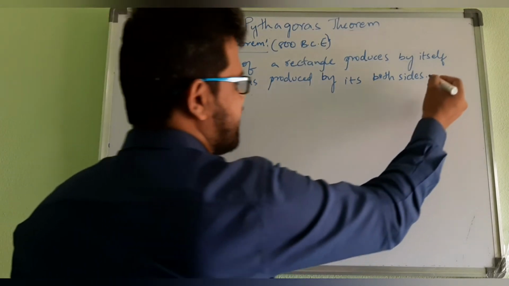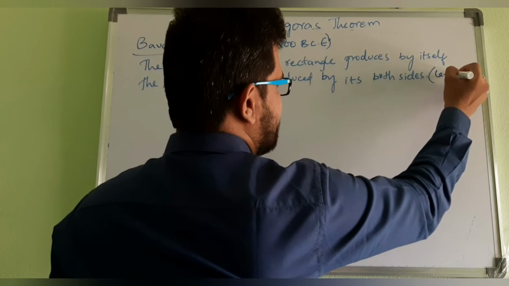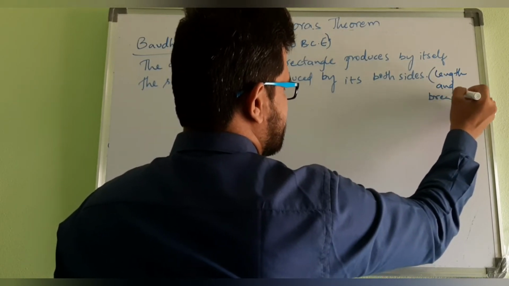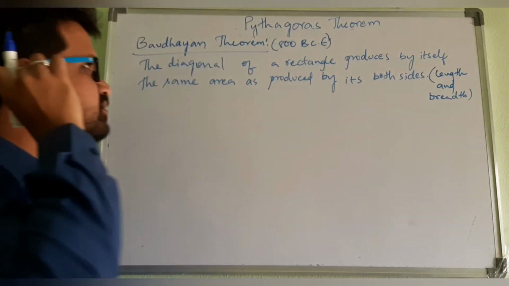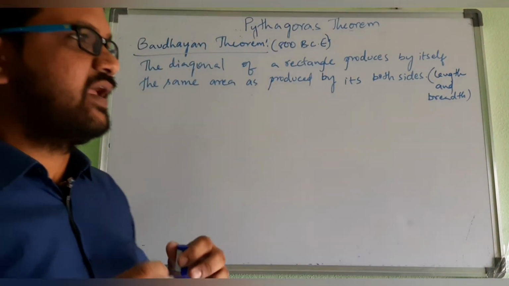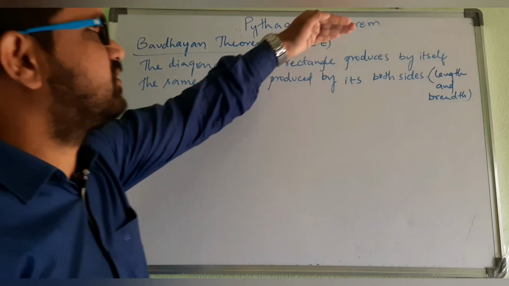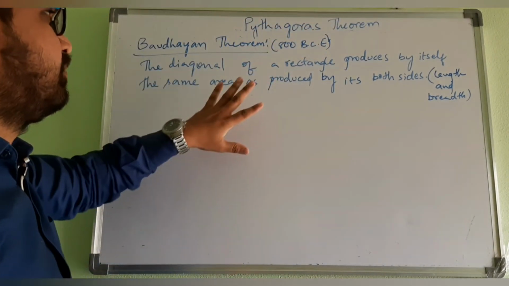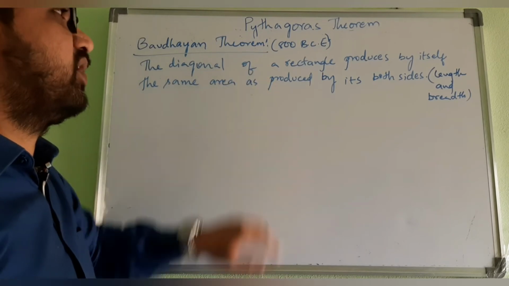What are both sides here? Nothing but length and breadth. This means the Pythagoras theorem we derived previously is the same as the Baudhayana theorem.